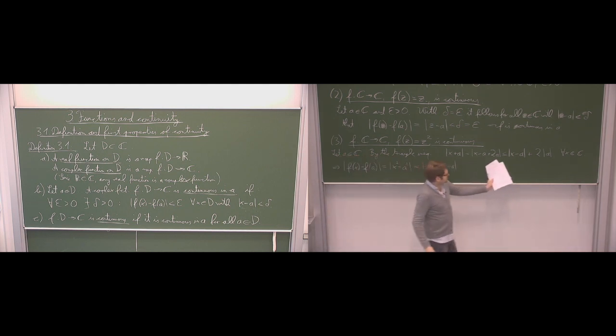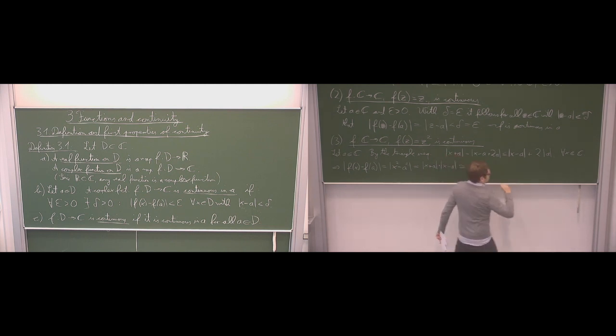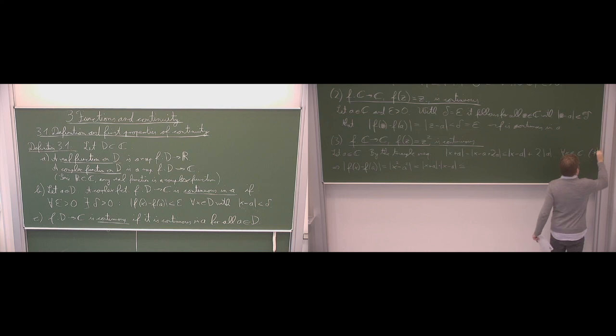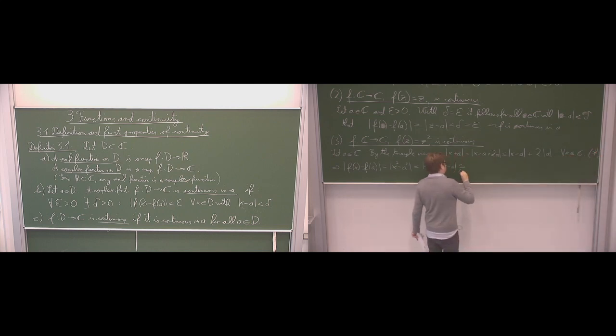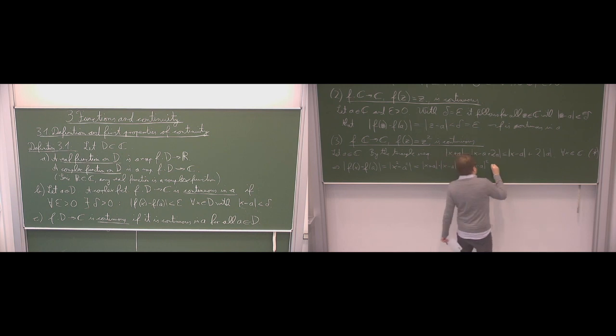Now we use this estimate here. If we call this inequality star, we use it at this point and get that this is smaller than or equal to the absolute value of x minus a squared plus 2 times the absolute value of a times the absolute value of x minus a.